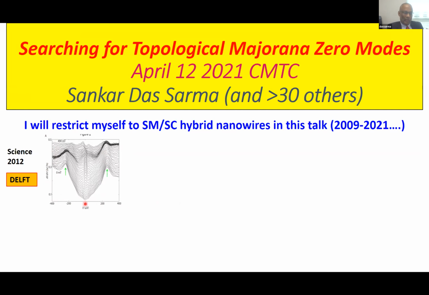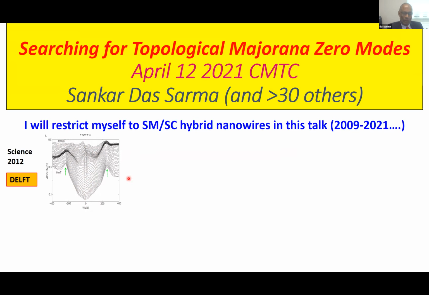But the prediction was that as you apply a magnetic field, you will see something. At zero magnetic field, not much is happening. Then at finite magnetic field, a zero bias peak emerges, and this zero bias peak is presumably a signature for the Majorana mode. This goes all the way to 500 millitesla, half a Tesla.